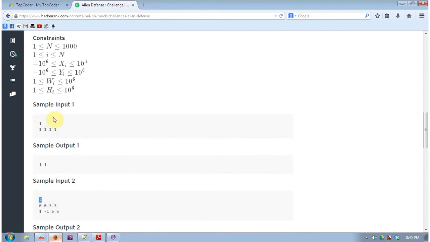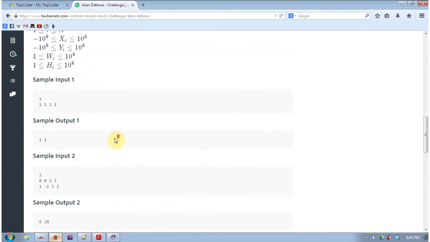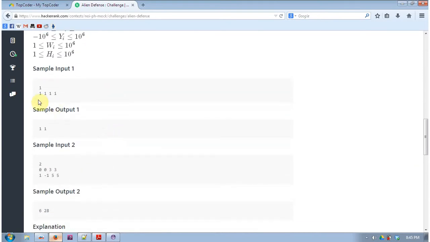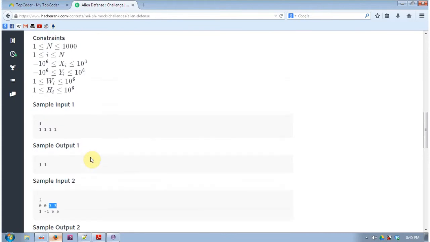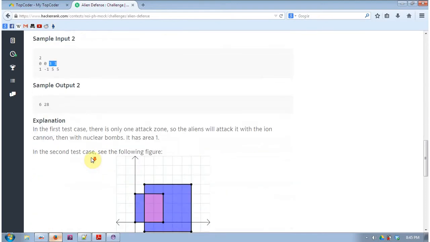The first line is n, where n is between 1 and 1,000, and the next n lines are coordinates of a box. If you are going to be specific about it, the first 2 values are the x and y coordinates of the box, and the next 2 values are the width, so x plus the width, and the height, which corresponds to the y coordinate.